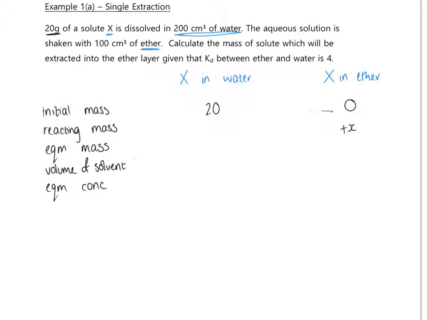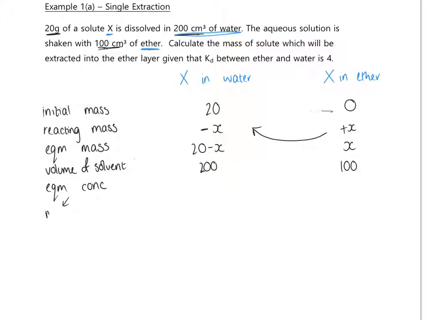So it's saying that X grams of X is going to move into the ether layer, which means that we're going to lose X grams from the water layer. So equilibrium mass of water we can represent by 20 minus X, and the equilibrium mass in ether is going to be simply X. Looking at our solvent then, we can see that we've 20 centimetres cubed of water and 100 centimetres cubed of ether.